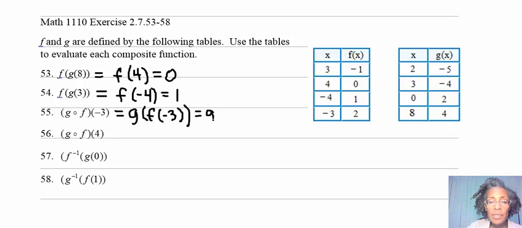So this is the same as g of 2. Now we go to the table that tells us about g. So when x is 2, g is negative 5. So g of 2 is negative 5.